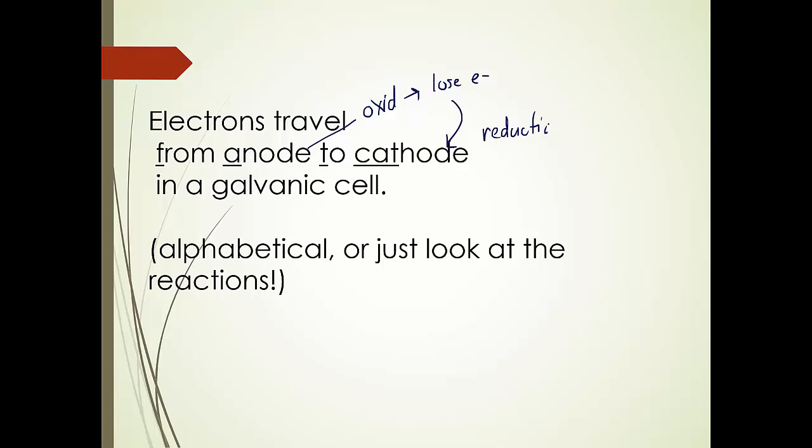Reduction. What is reduction? Gaining electrons. Where did those electrons come from? They came from the anode. That's why they flow from the anode to the cathode. You can think of it alphabetical, they go from A to C, or you can think of it in terms of losing and gaining, whichever way you know which way that electron flows. Common question.